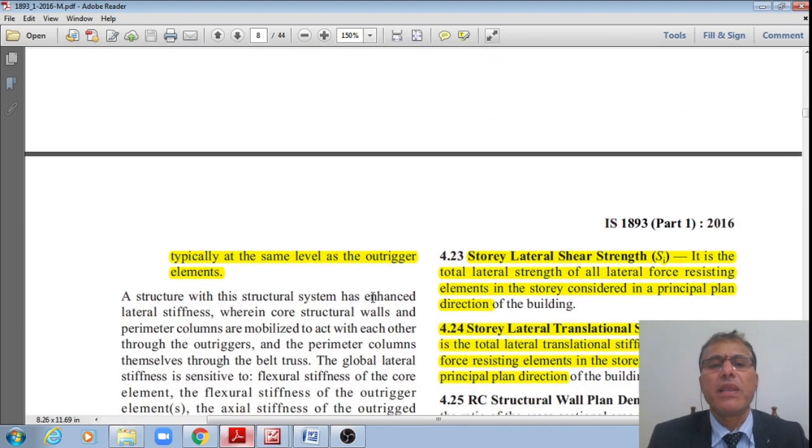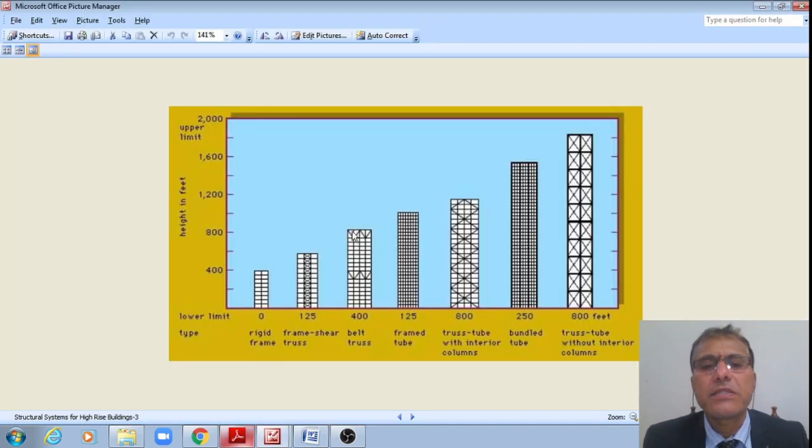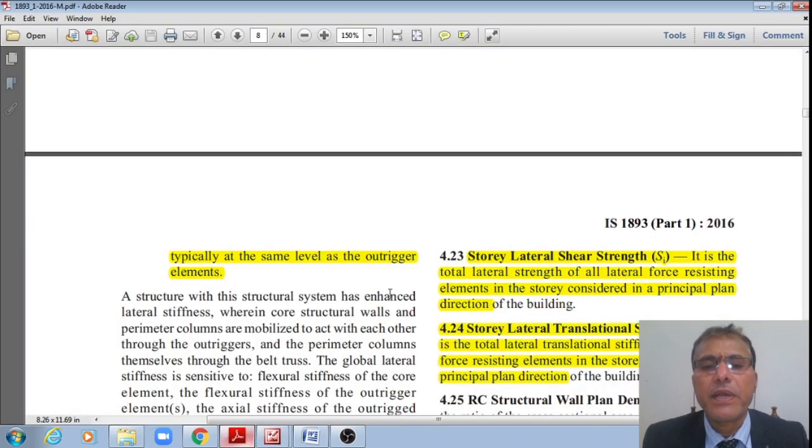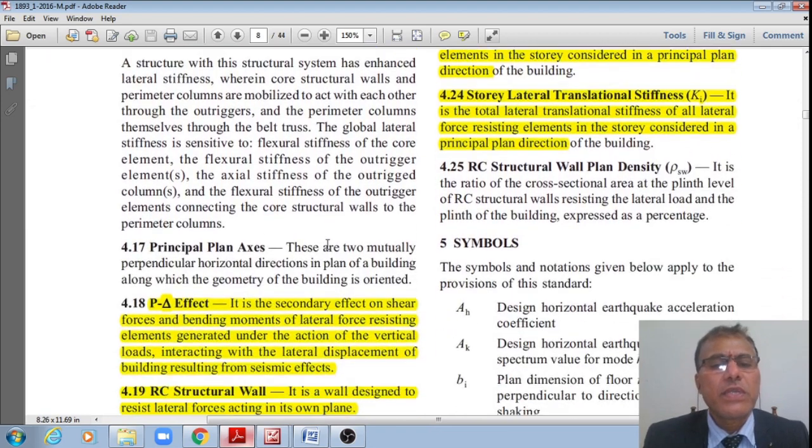Typically at the same level as the outrigger elements, like this, right? These are what are called the belts, and these are what are called outrigger beams and outrigger columns, as appropriate, right?